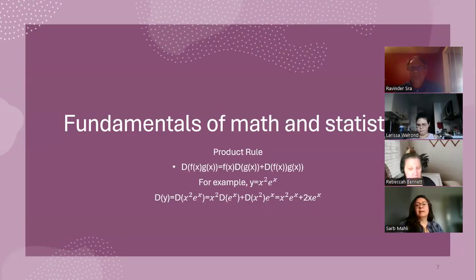You can change the order because it's a plus sign, and there is no difference in the result. For example, x square times e raised to power x: x square times the derivative of e raised to power x, plus the derivative of x square times e raised to power x. That's the rule if you find the differentiation of a product of two functions.